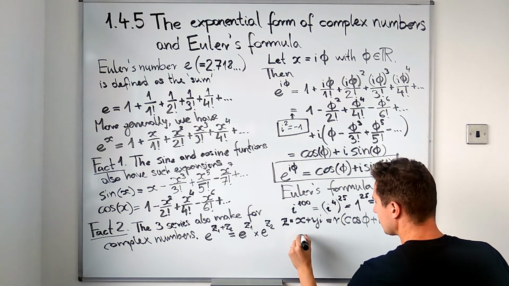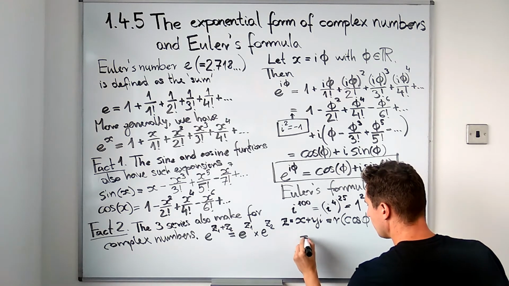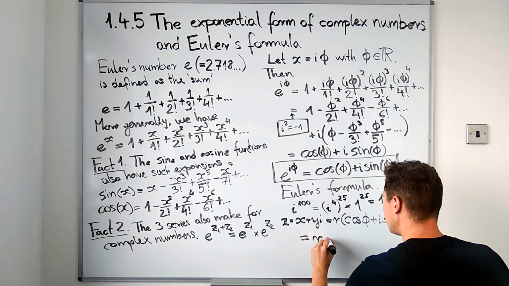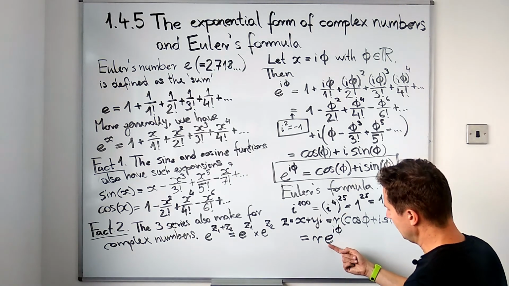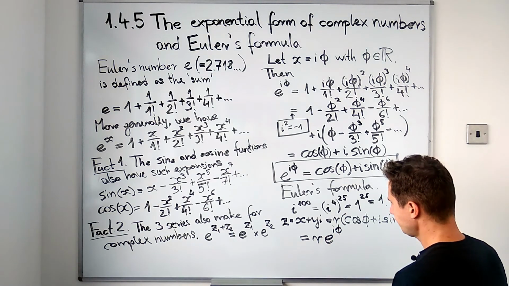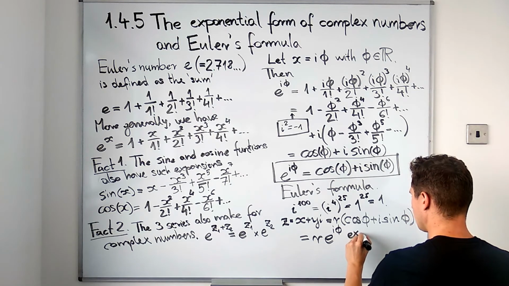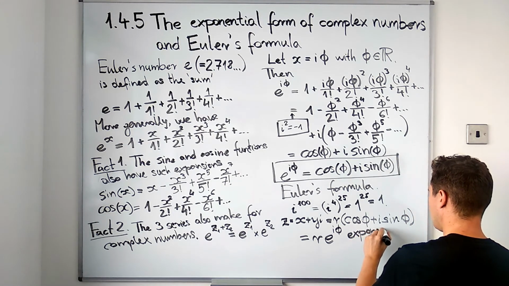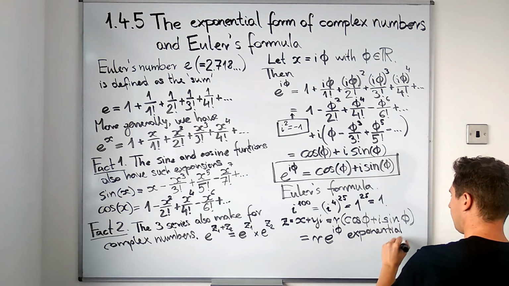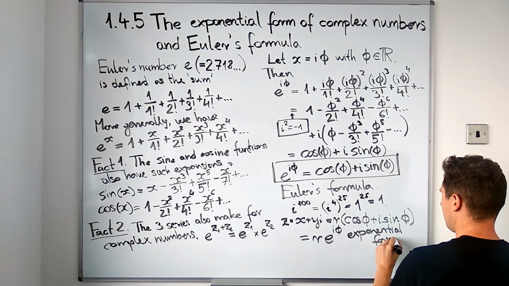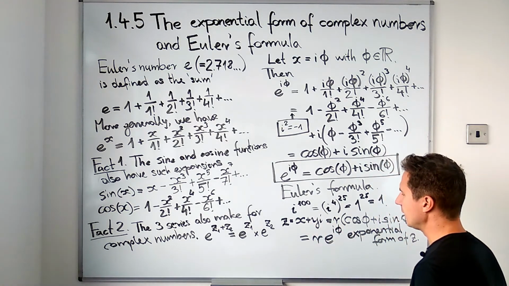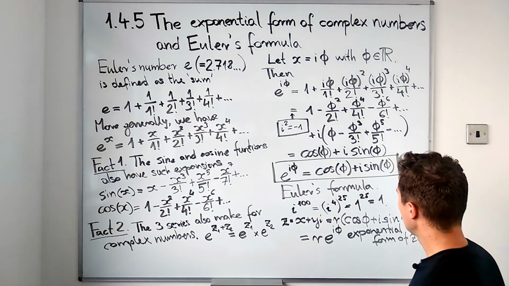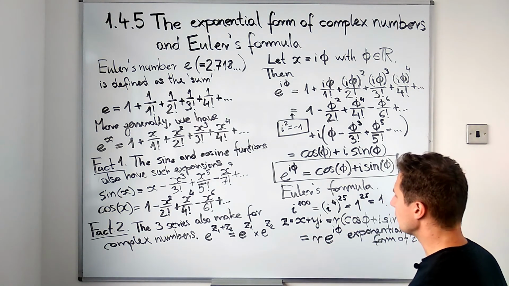So now our complex number can also be written in a third way, and this is the exponential form of our complex number. This is r times e to the I phi. Okay, so this is the exponential form of z. Now we have three ways of writing a complex number: the algebraic form, the polar form, and the exponential form.